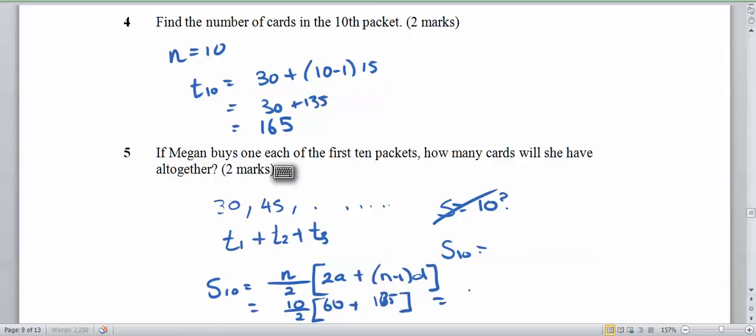So therefore we've got 5 times 195, so the amount of cards that she'll have altogether by buying the first 10 packets from this sequence is take away 25 from 1,000, so 975 cards.